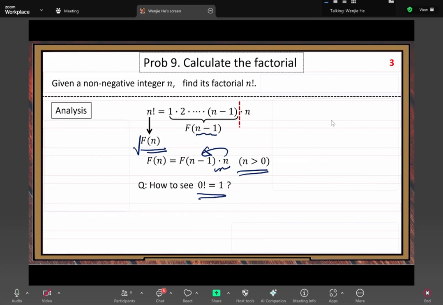Let us look at our recursive formula. Rewrite the recursive formula in this version. It's an equivalent formula based on algebra: f of n minus 1 equals f of n over n.